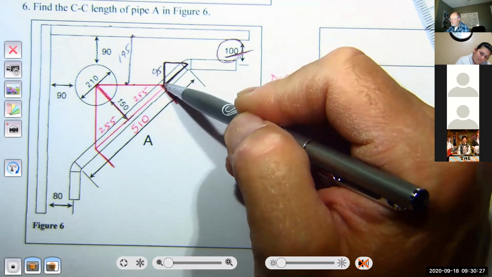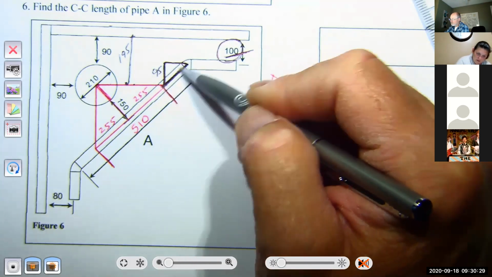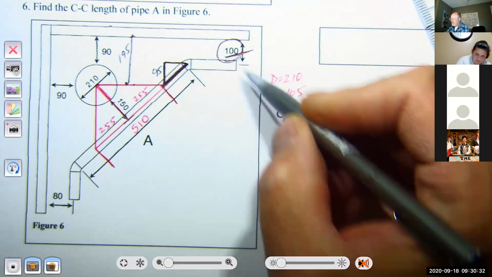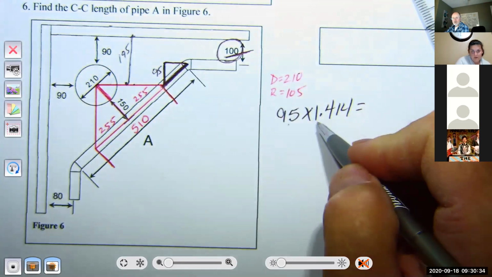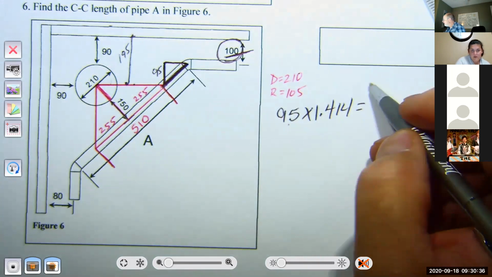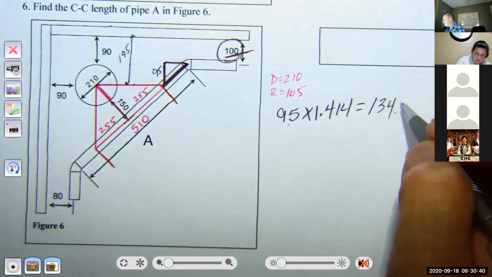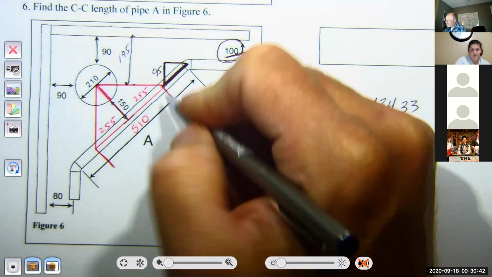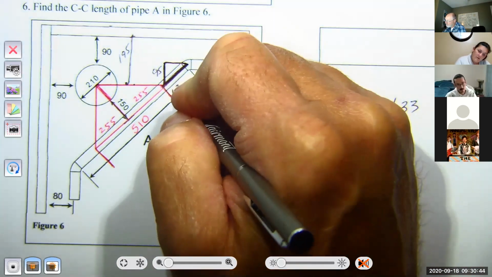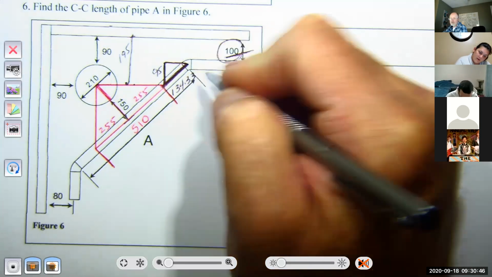So I can solve for this travel if I take 95 times 1.414, and that would equal 134.33.